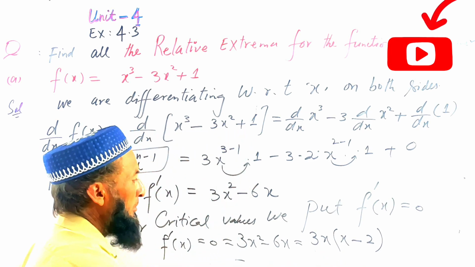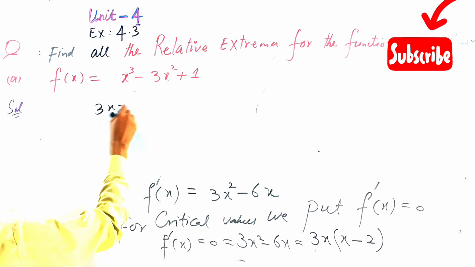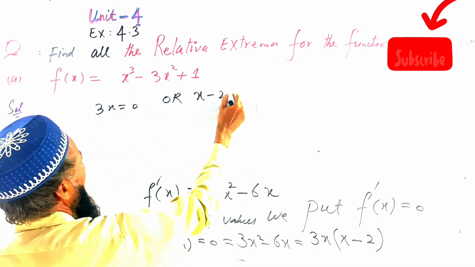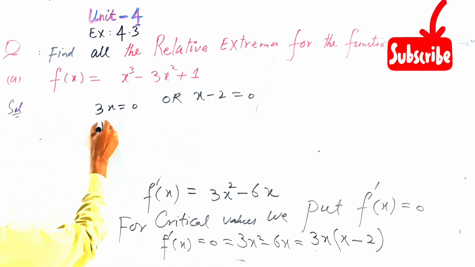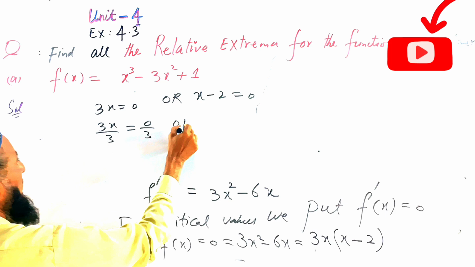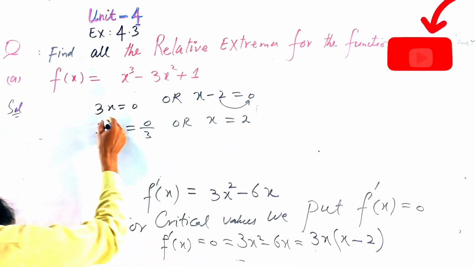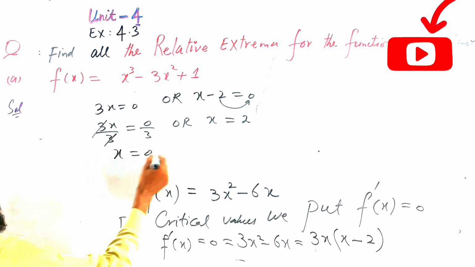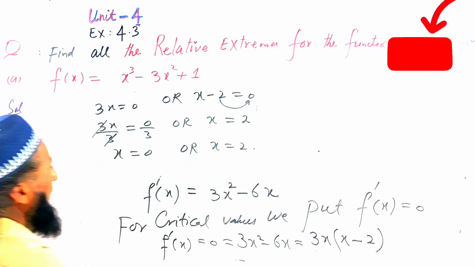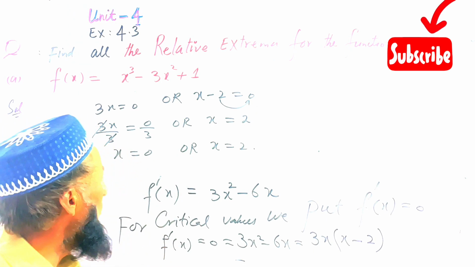So 3x is equal to 0 or x minus 2 is equal to 0. Dividing both sides by 3, the result is 0, and x is equal to 2. So the critical points we get are x is equal to 0 and x is equal to 2.